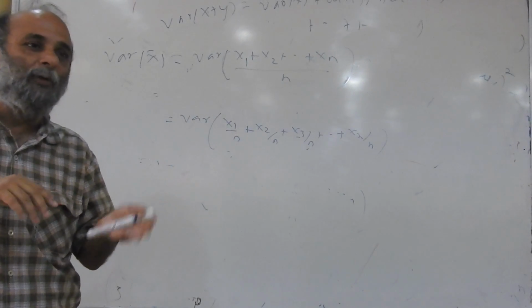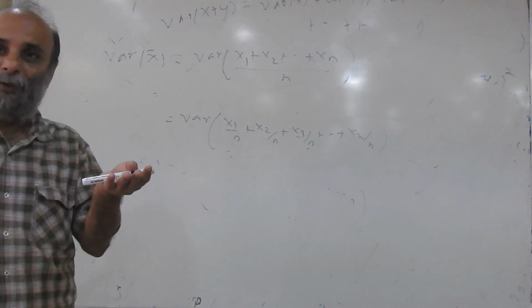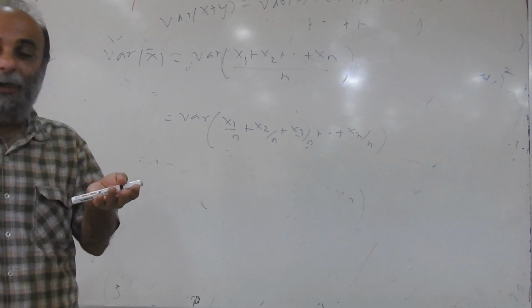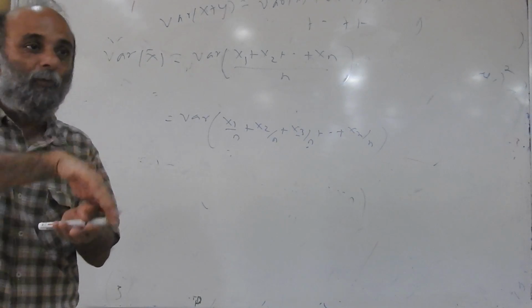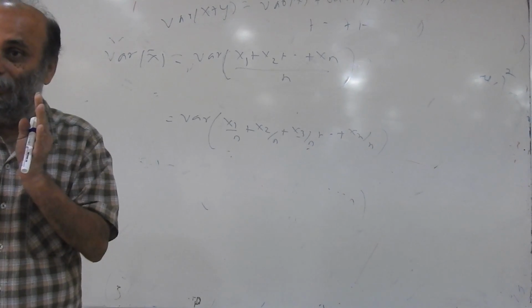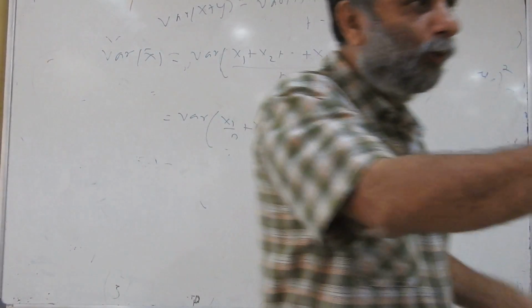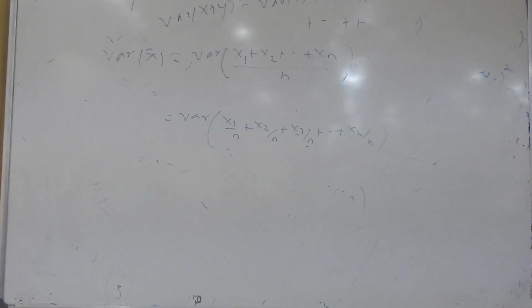X plus y will vary because x varies and y varies, but if x varies, y also varies with it, then there will be a movement in y, and if y varies, x will also vary, so there will be a co-movement from y to x. So you have to count the covariance of xy twice.